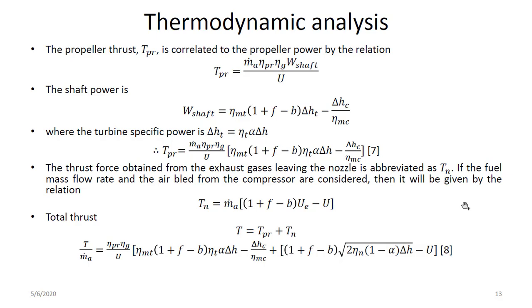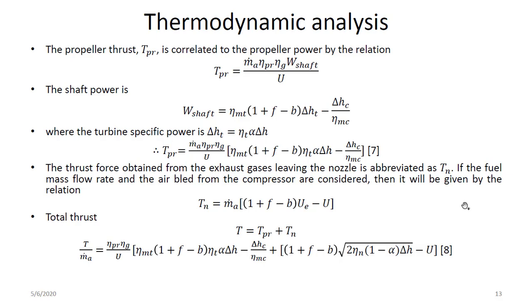So this is the thrust that is generated by the exhaust gas leaving the nozzle, and this is given by the mass flow, then open bracket 1 plus the fuel air ratio multiplied by the bleed ratio. So B is the air that is bled in the compressor. Then you multiply it by the exhaust speed minus the flight speed. And therefore the total thrust will be equal to the propeller thrust plus the nozzle thrust.